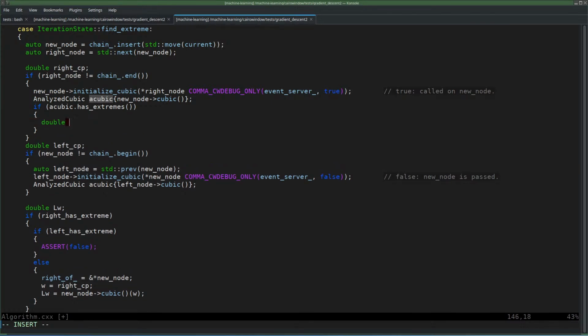And then I want to get my extreme, a cubic dot get extreme. Which one? Well, the one that I'm interested in, which is next extreme type.